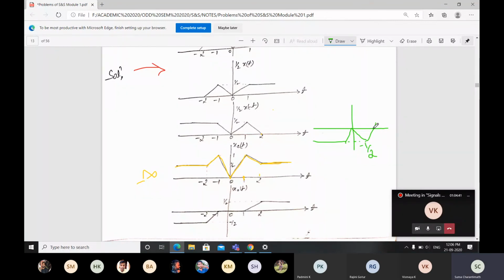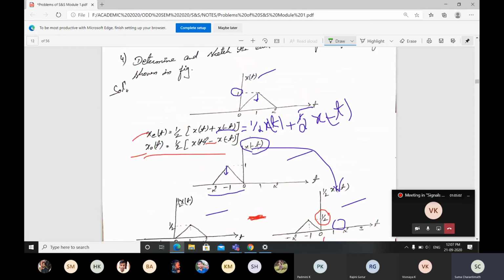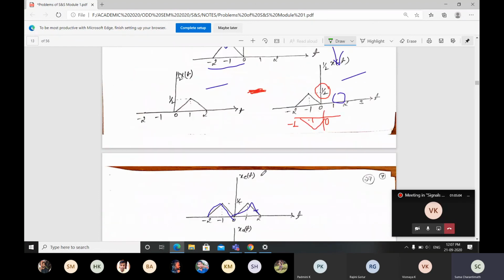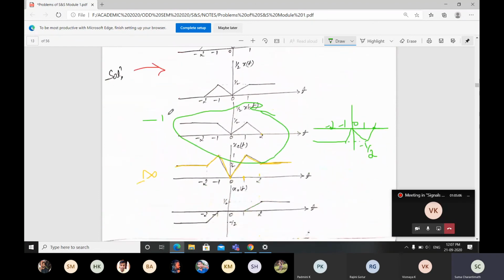Here it will be 2, here it will be 1, here it will be 0, then minus 1, minus 2 signal. This is what I get if I multiply the whole signal with minus 1, because the equation is going to be taken here as a minus. I am directly doing this minus operation for the signal.